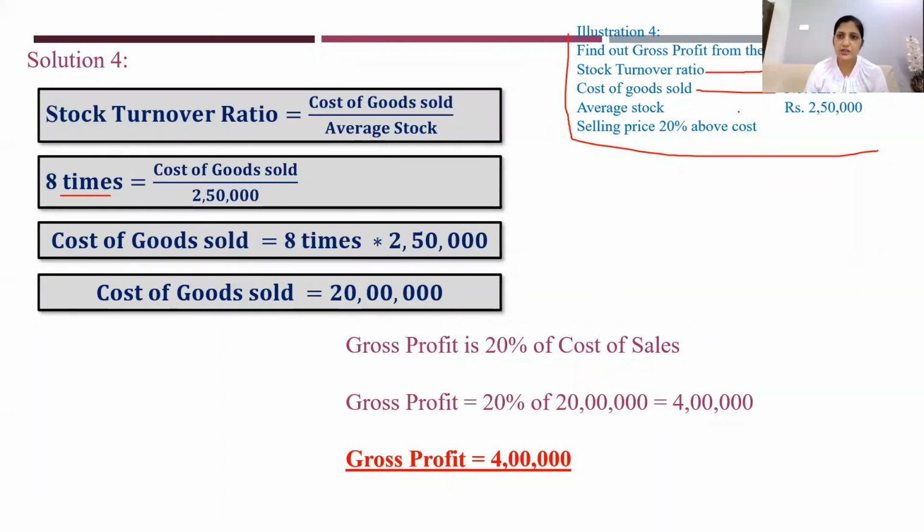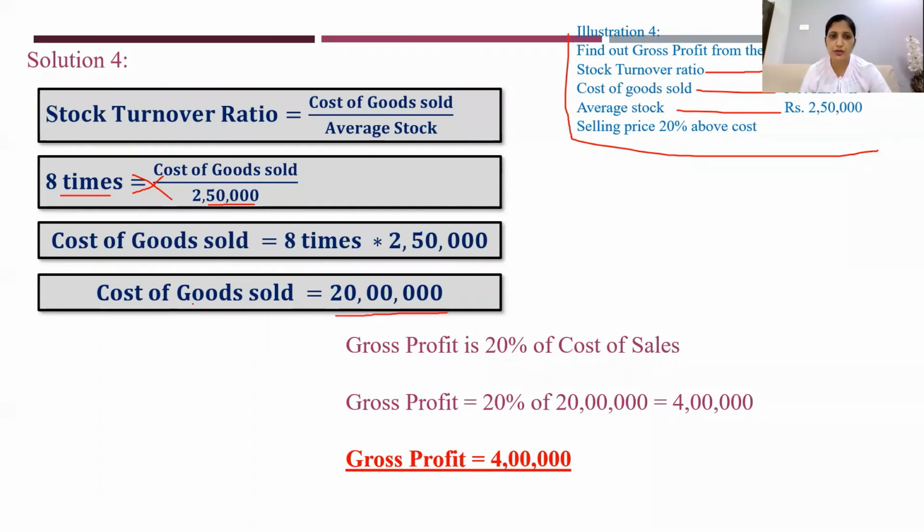Average stock is known, 2,50,000. By cross multiplication, cost of goods sold is equal to 8 into 2,50,000. Then cost of goods sold is equal to 20 lakhs.